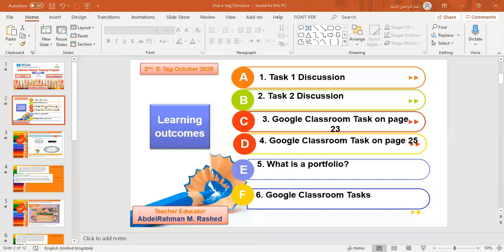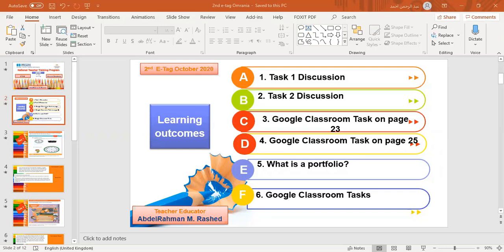So let's say it again. We'll divide our session into 6 parts. The first part will be a kind of discussion of what you have already written about how to do these activities in your school and in your class in an innovative way using the 21st century skills. We'll discuss task 1 and task 2.